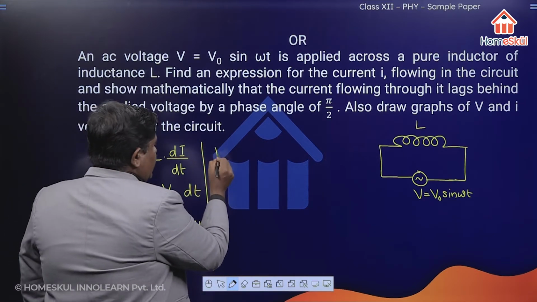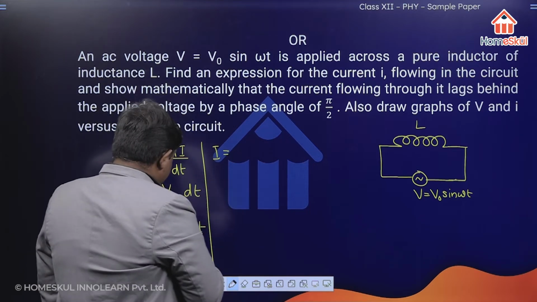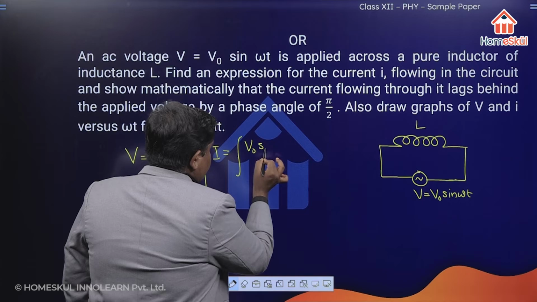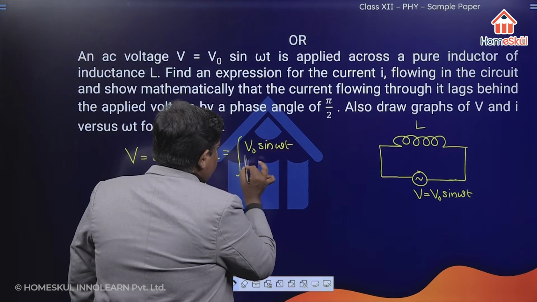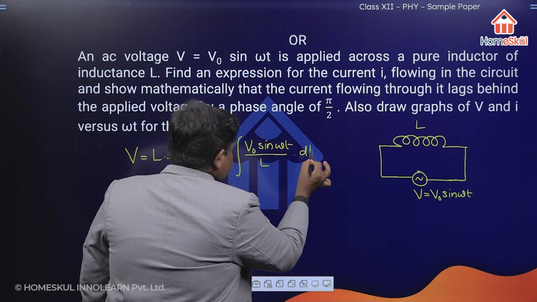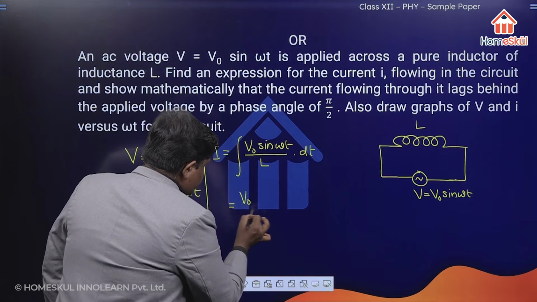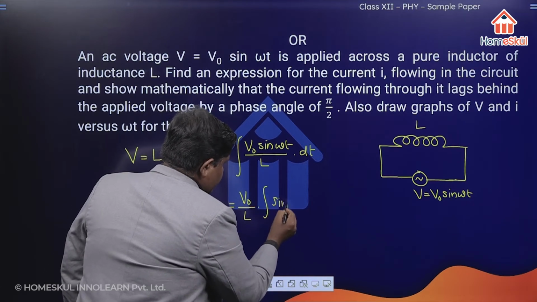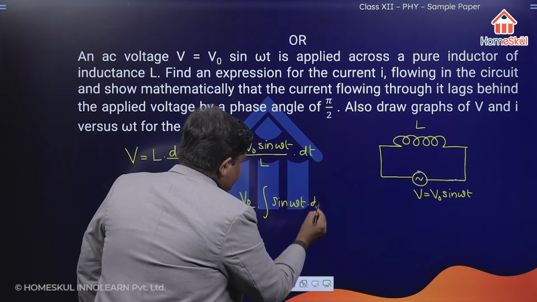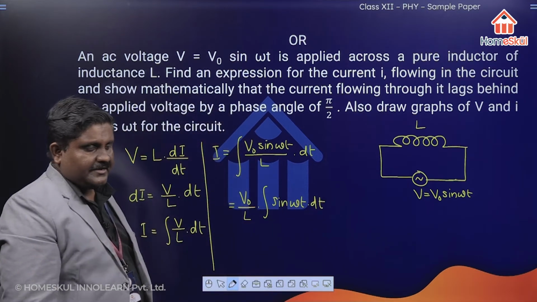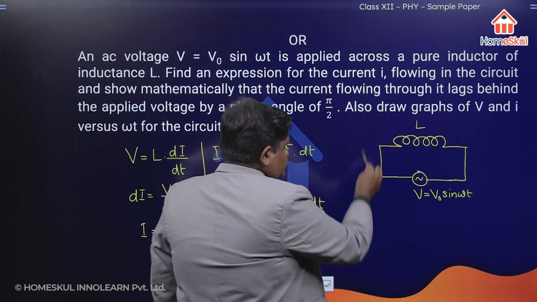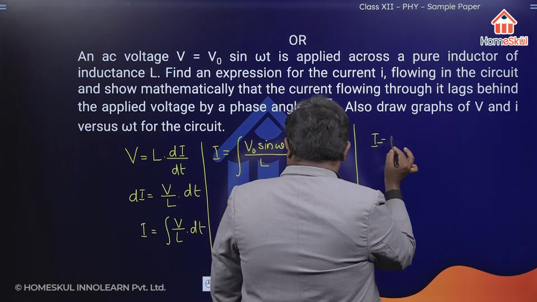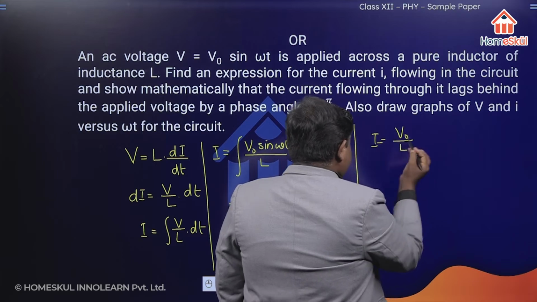Here V is V0 sine omega t, so I is equal to V0 by L into integral sine omega t dt.